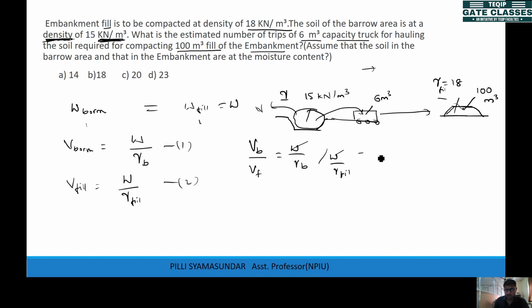So W gets cancelled, and this will be gamma fill by gamma B. So this is the unit weight in the borrow pit and this is the unit weight in the fill. So this is 18 by, in the borrow pit, this is not gamma W, this is B. So gamma B is 15.